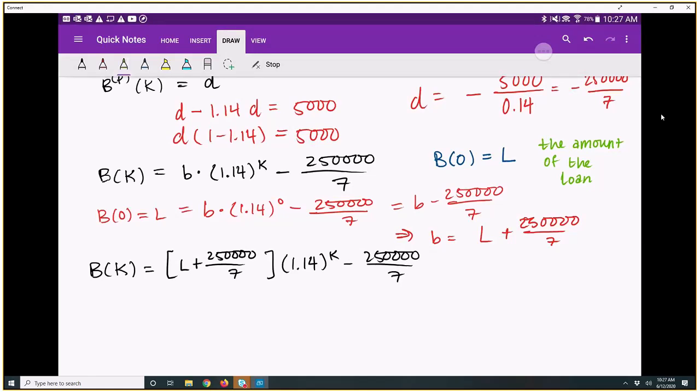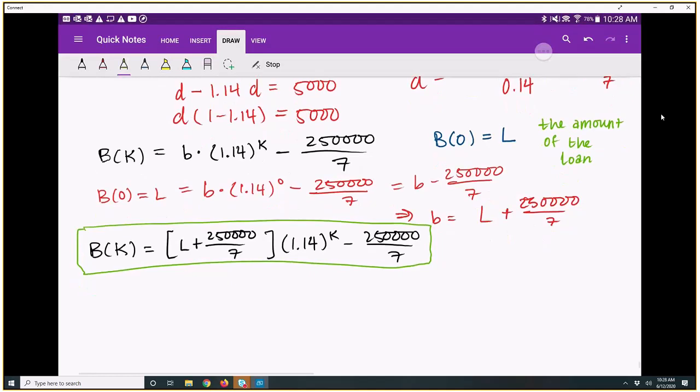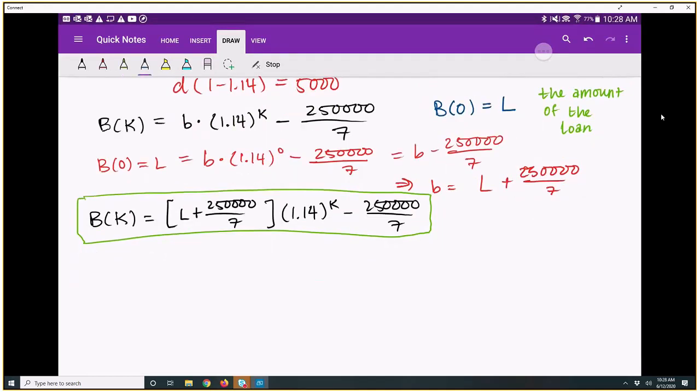So this is the solution to the recurrence relation. I'm going to use it to answer the question that was asked, which is, what is the maximum amount of the loan if we can afford to pay back $5,000 for 25 years? So the way I'm going to translate this is I'm going to say that after 25 years, I want this to be 0 because I want the loan to be paid off.